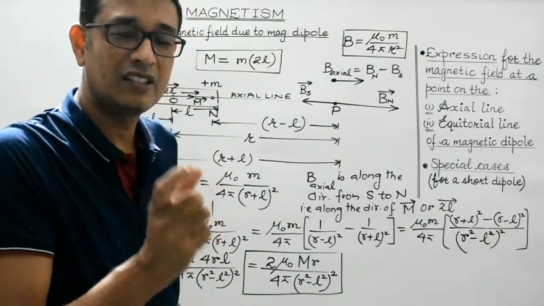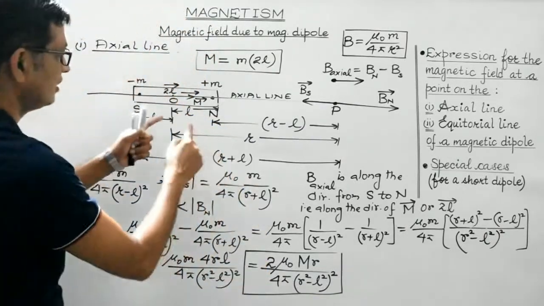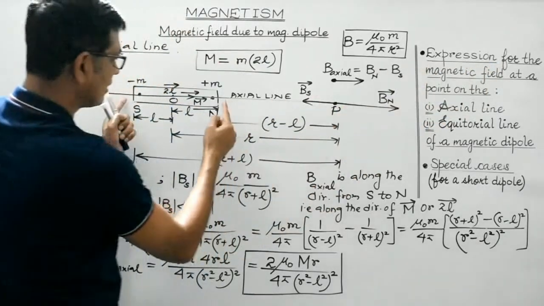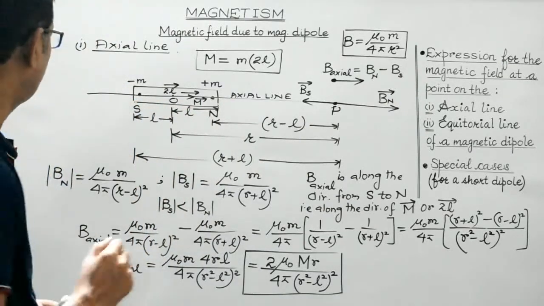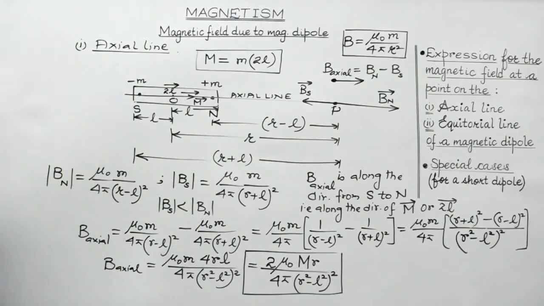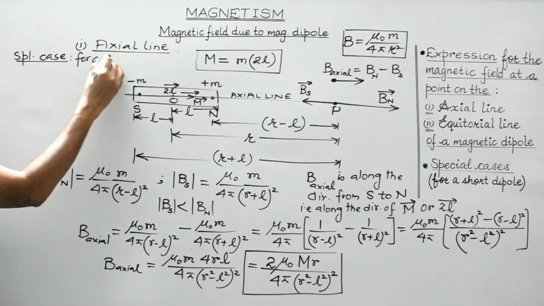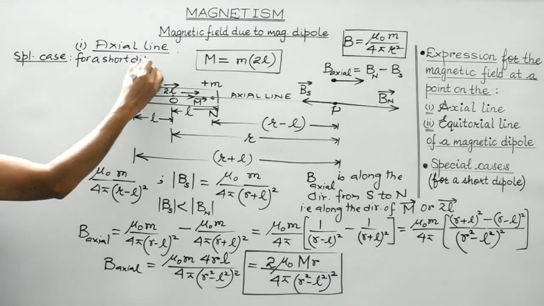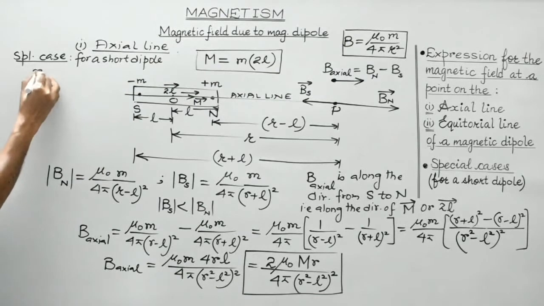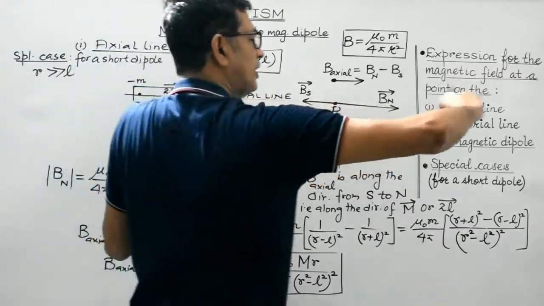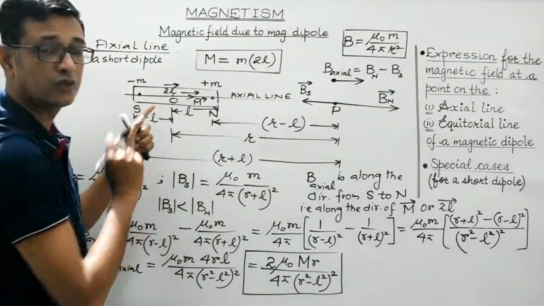When we say the dipole is short, it means the distance of the observation point from the center of the dipole is very large as compared to the dimensions of the dipole, right? So let's consider the special case over here for a short dipole, that is when R is very large as compared to L. Just imagine, point P is lying at a very far away distance from the center of the dipole.